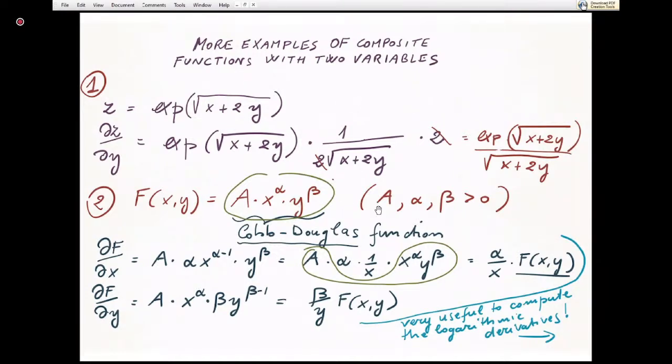Typically, we have a Lagrange function, we have to take the derivatives of this function plus something else with respect to x and to y, but if we write this in this way, then we have a common factor in both derivatives. It can be very easily cancelled, okay?